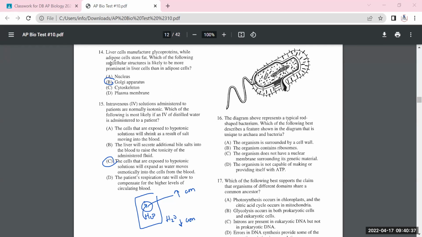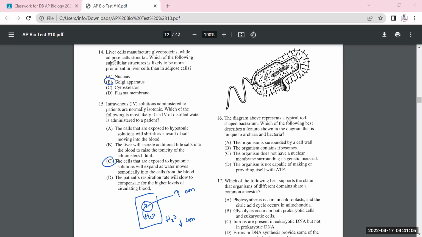Okay, number 16. The diagram above represents a typical rod-shaped bacterium. Which of the following best describes a feature shown in the diagram that is unique to archaea and bacteria? What feature do archaea and bacteria, your two domains, have in common?